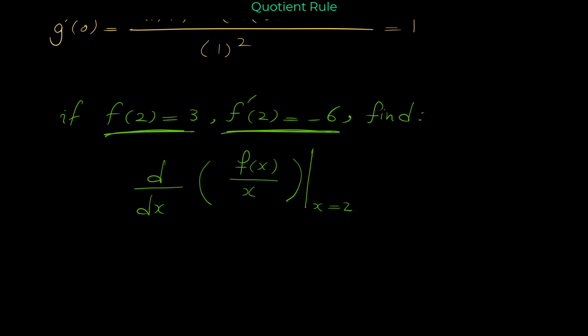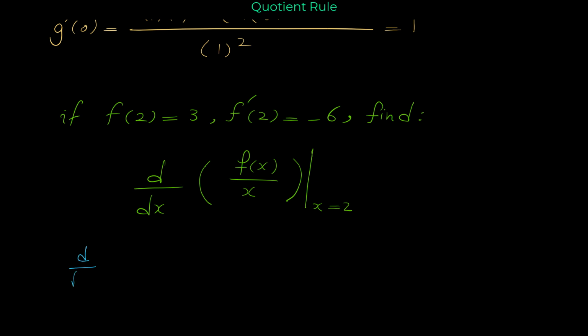In this question, we are asked to find the derivative of f of x over x. After finding the derivative, substitute 2 for x. For finding the derivative of f of x over x, we use the quotient rule.